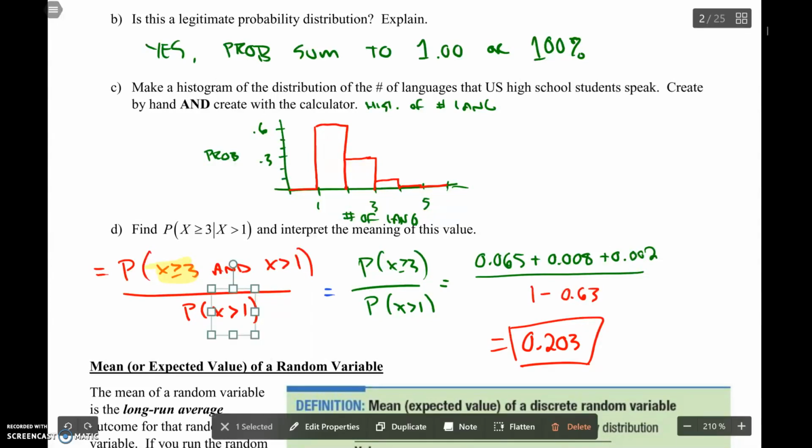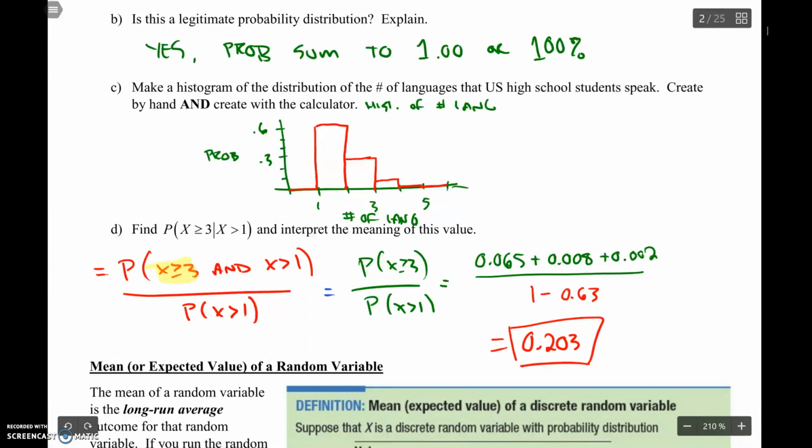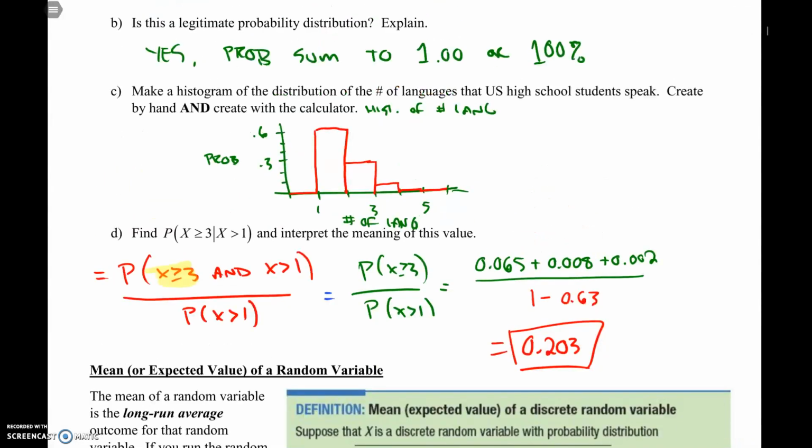I don't leave a lot of room, sorry. It means this is a probability that a randomly selected person that speaks more than 1 language speaks 3 or more languages. So 20% of the people, I don't really want to write it down. I'm getting kind of lazy here, but I will write it down.